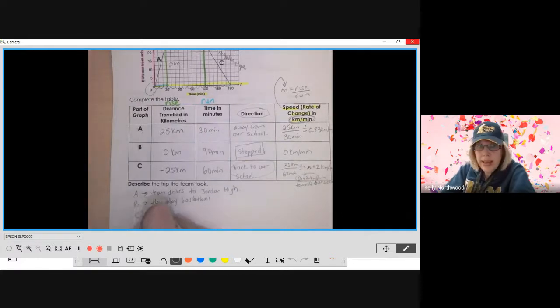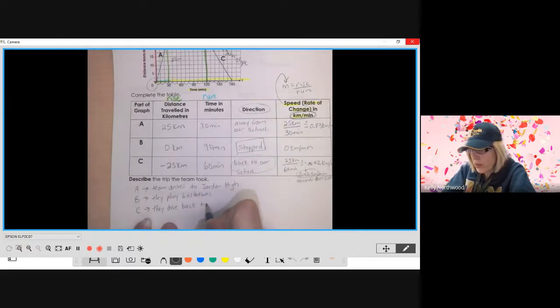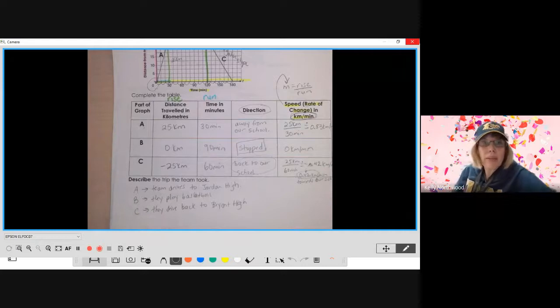And then for part C, they drive back to Bryant High. And that shows that you have a good understanding of what actually is happening in that motion graph.